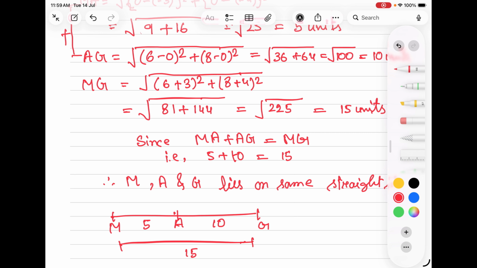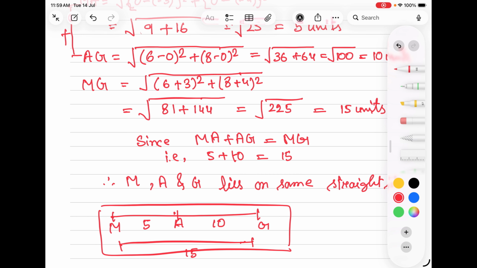So by plotting also you can check our prediction or our answer is correct or not. So this is only for the graph, no need to write, because the question is without plotting. You have to find out the given 3 points lie on the same straight line or not.